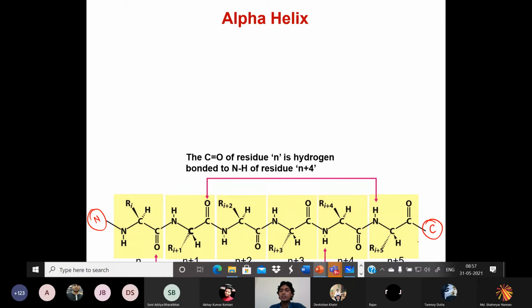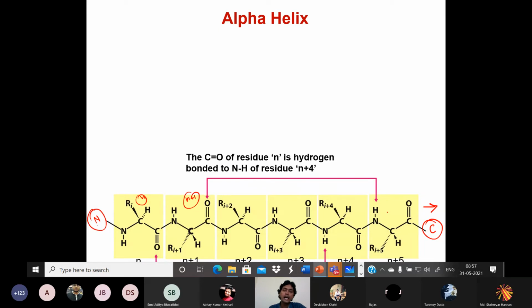We are showing a small segment of a polypeptide chain, and this is one amino acid, numbered N, and this is N plus 1. It's already written down also. N plus 2, N plus 3. That way, multiple amino acids are attached by peptide bonds, and you can continue in this direction more and more, right?